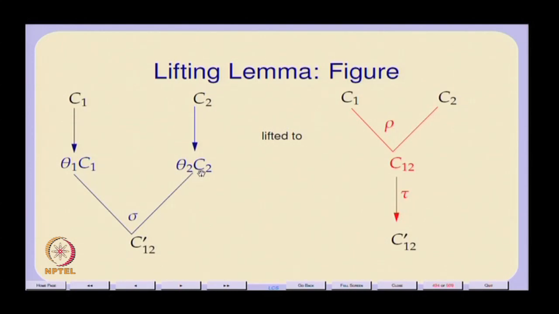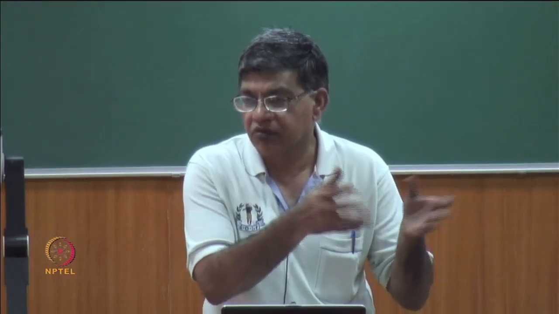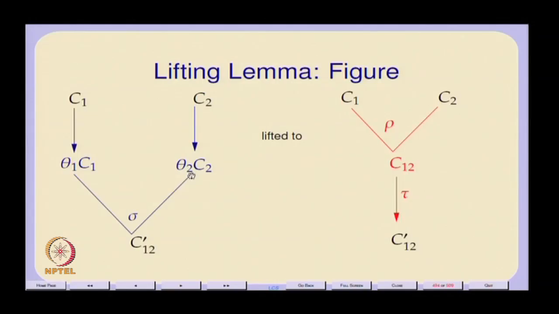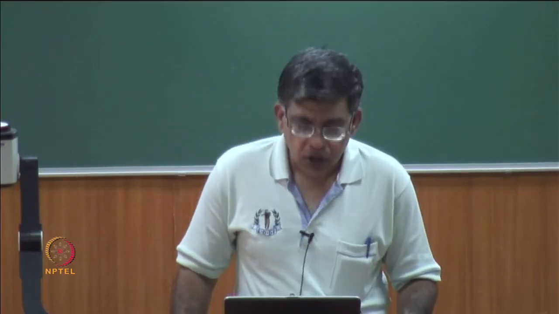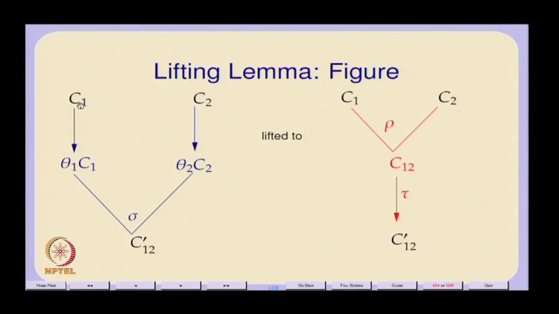Basically, what we are saying is, you find some atom P, you find complementary pairs, P with some terms of x1 involving the variables of x1 occurring in theta 1 C1, and not P with variables from x2 occurring in theta 2 C2, and you are able to do a single step of resolution and obtain a clause C prime 1 2.